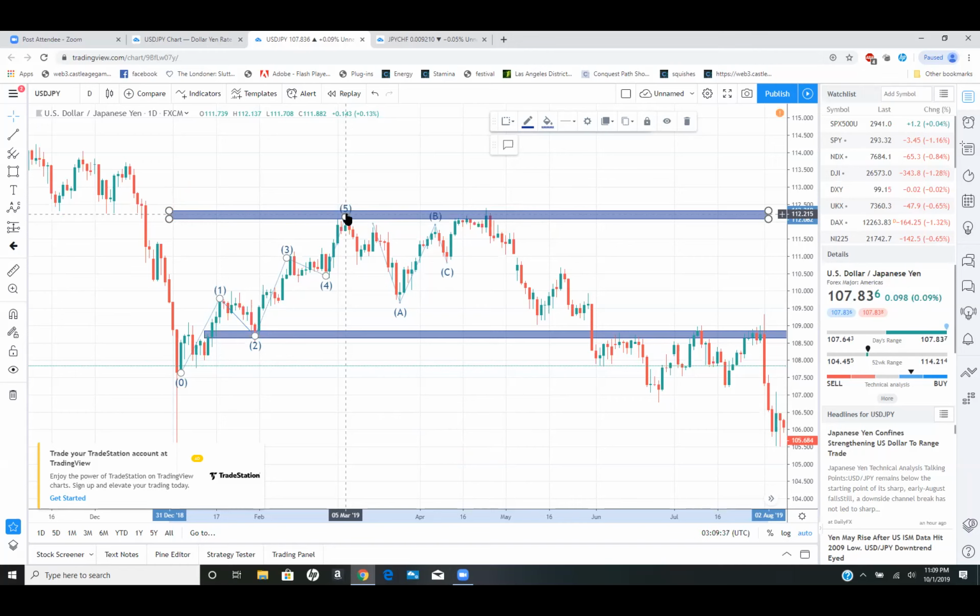And then good job on the correction. See, A, B, C, market couldn't break the high. We're dropping. We have the first move, second, third, fourth, fifth. Definitely helps that we know that's like the head and shoulders kind of pattern there. Exactly. That's what you're looking for with the correction. Here's the inverted shoulders.